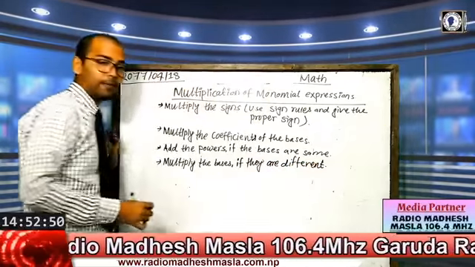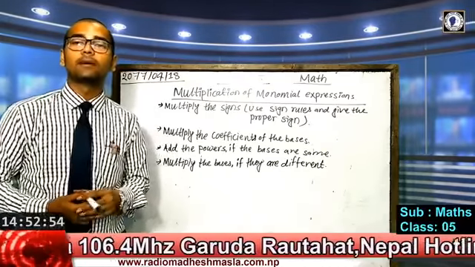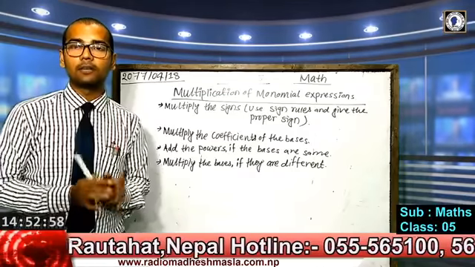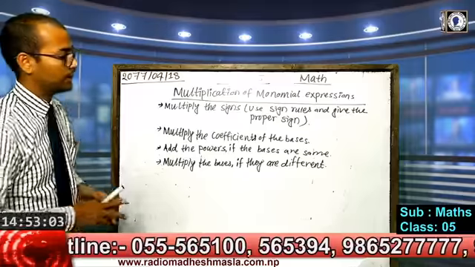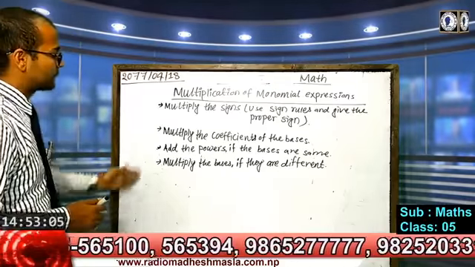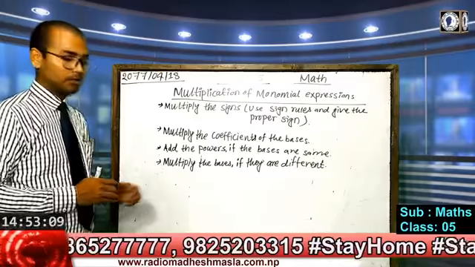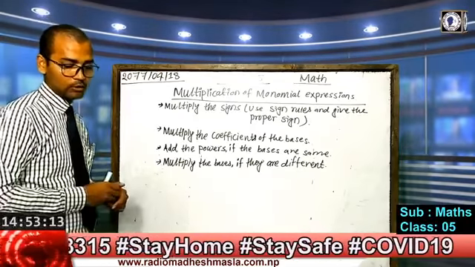If the given bases are different, at that time we should also multiply the bases. That means we should write the same bases properly. Okay, so after all this, I hope you understood it. Let's solve some questions.